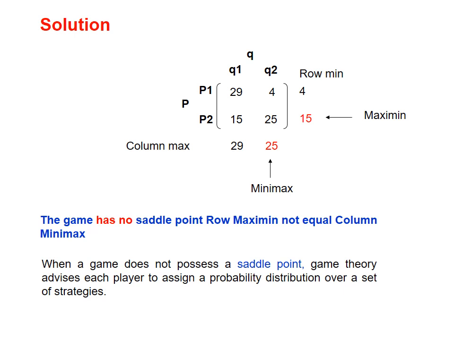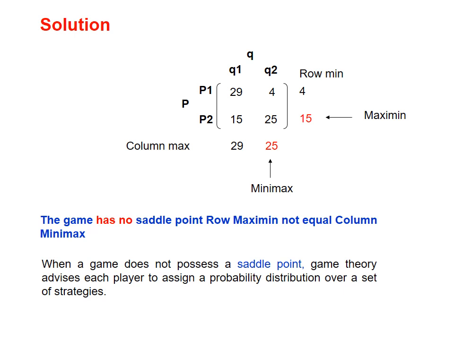And for the column, we compare 29 with 15 and select the largest of them, 29. And for the second column, 4 and 25, we will select 25, which represents the column maximum. Now we choose the maximin for the row, 15, and the minimax for the column, 25.